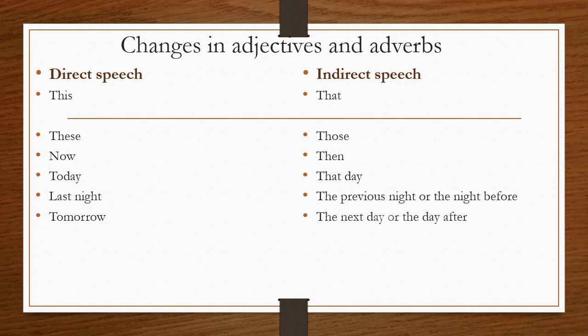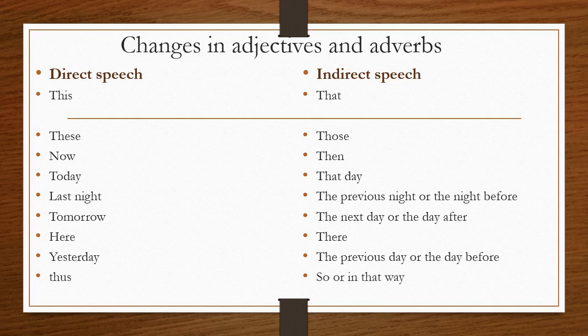Tomorrow will change to the next day or the day after. Here will change to there. Yesterday will change to the previous day or the day before. Thus will change to so or in that way.